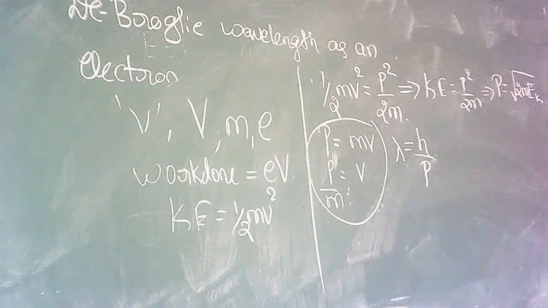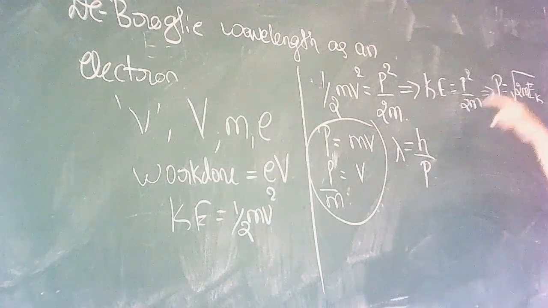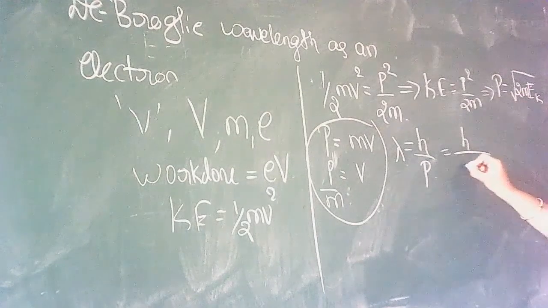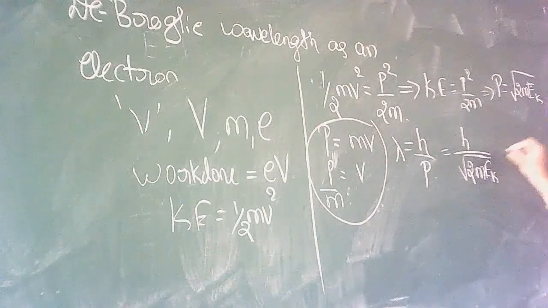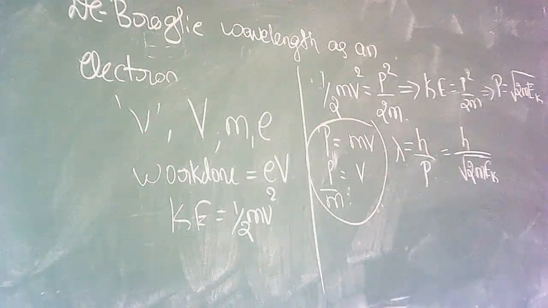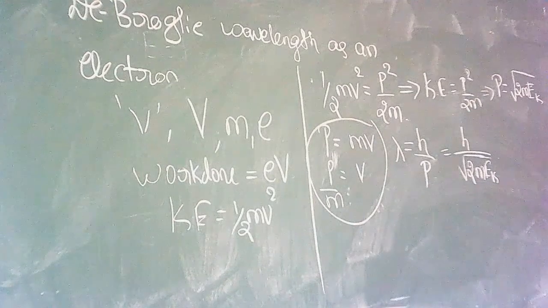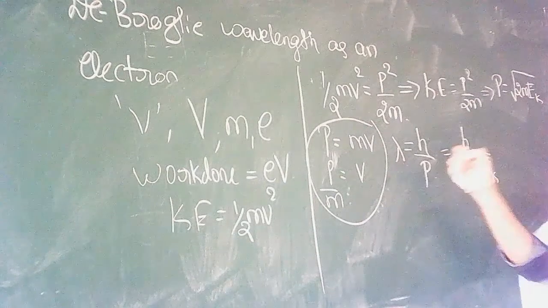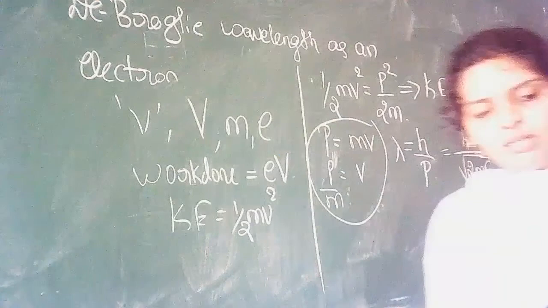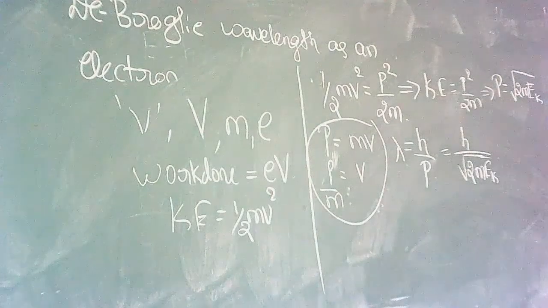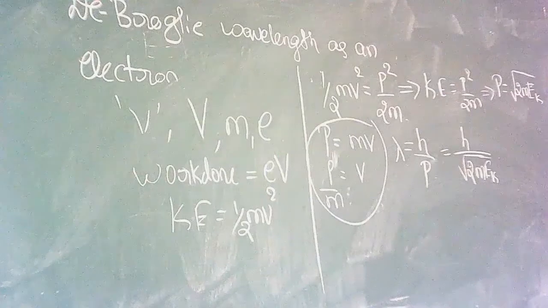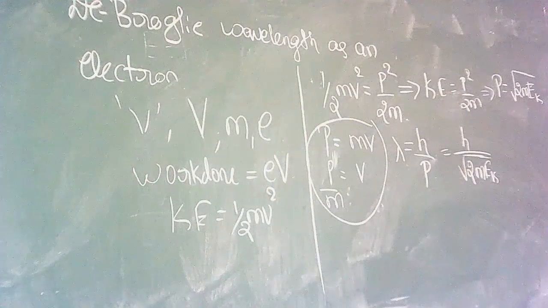I'll substitute the value of p here: lambda is equal to h divided by under root of 2m into kinetic energy. This is the expression for the de Broglie wavelength in terms of kinetic energy.